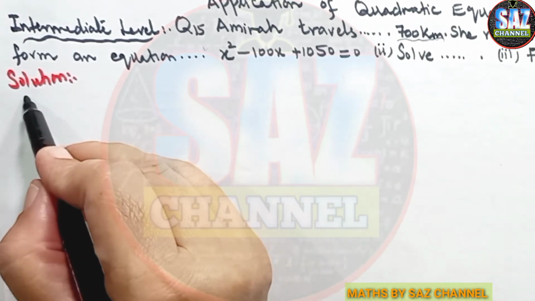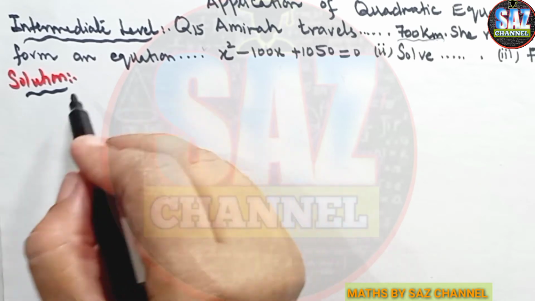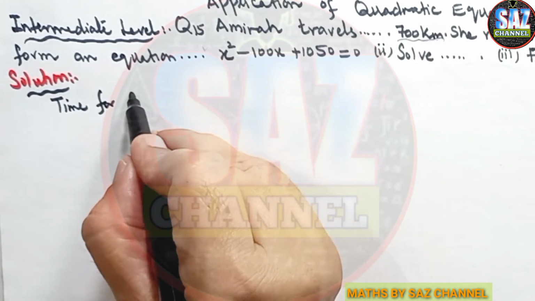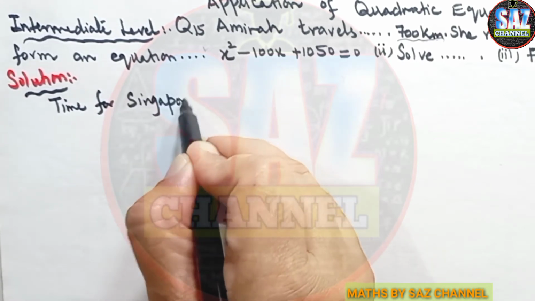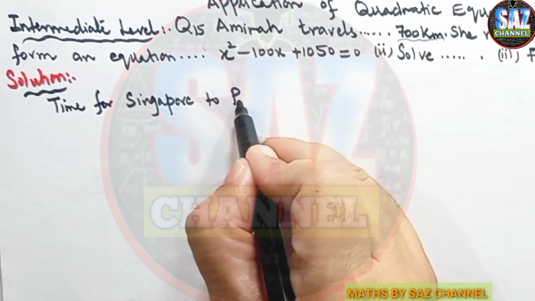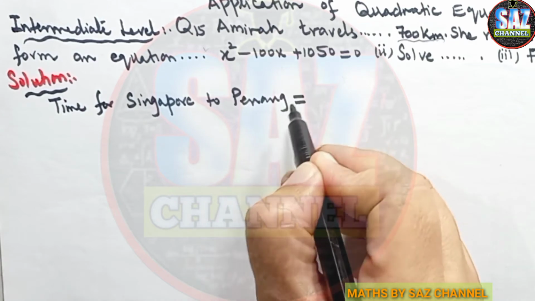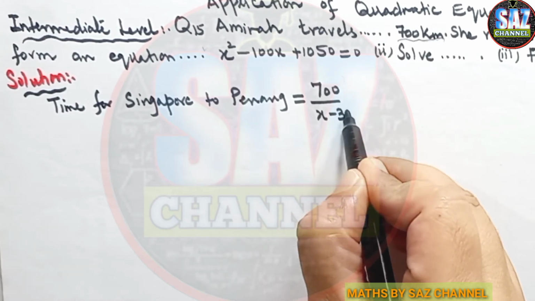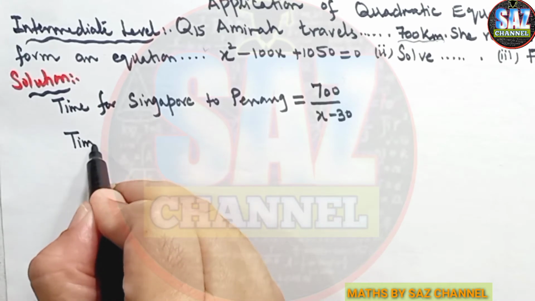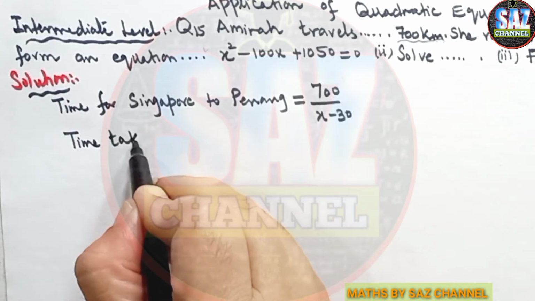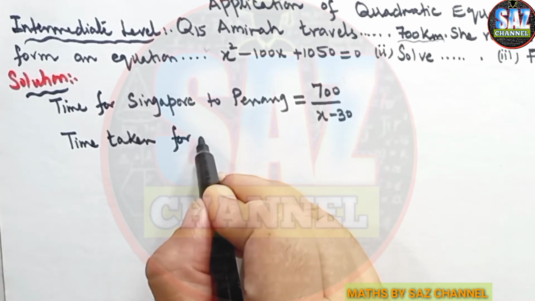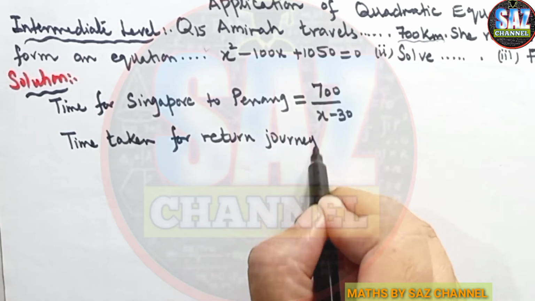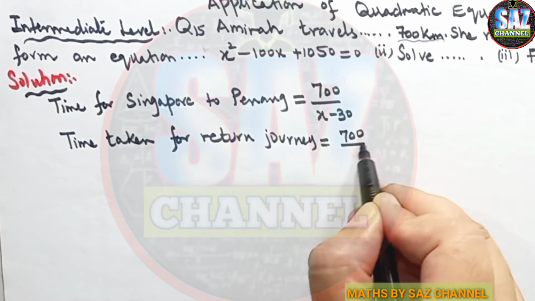So the expression for the time taken for the outward journey, Singapore to Penang, will be 700 upon x minus 30, and the time taken for the return journey equals 700 upon x.